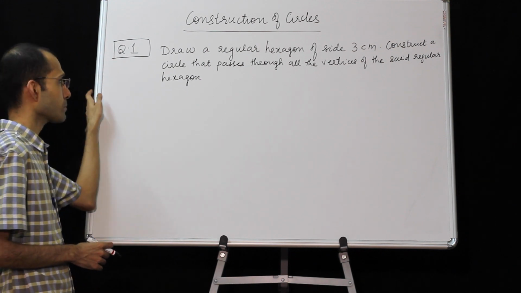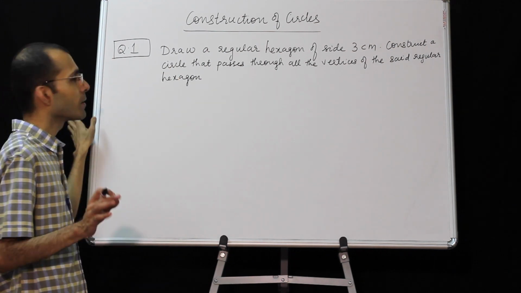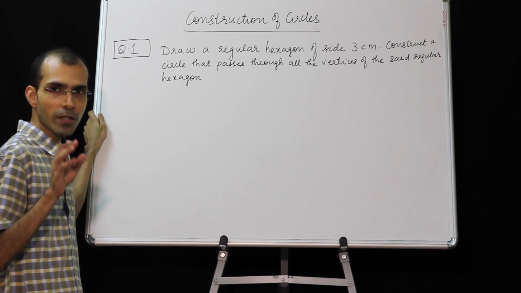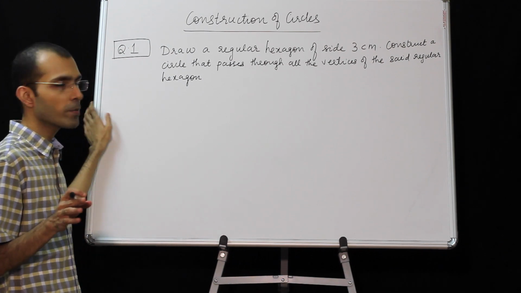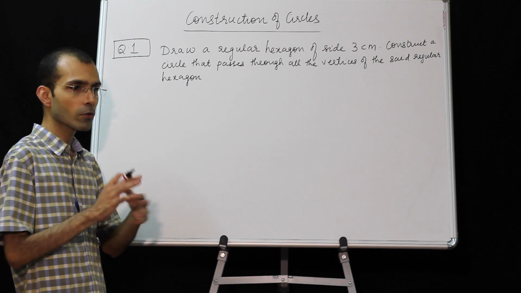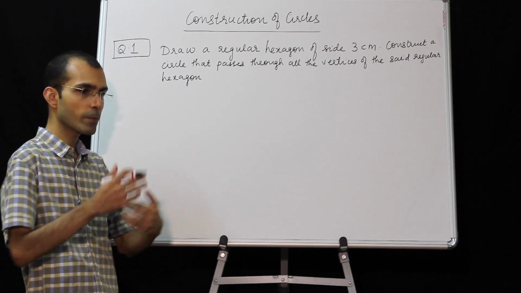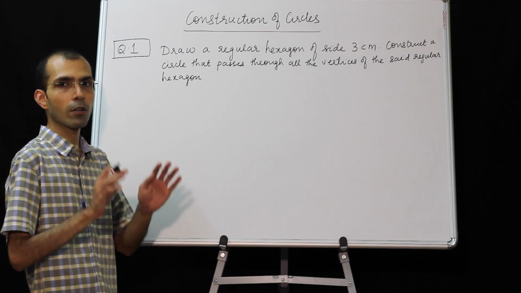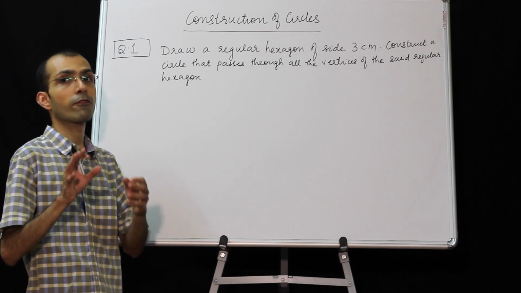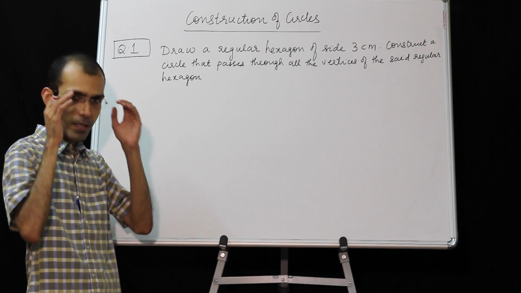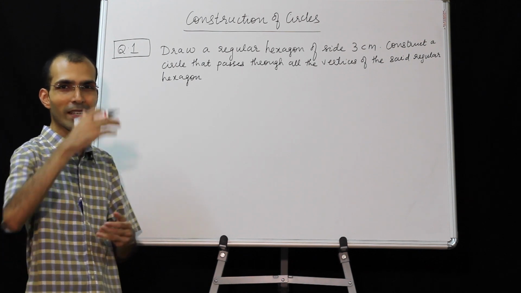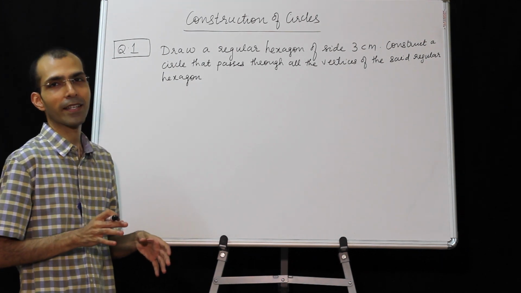Before we start, remember any construction sum is always to be started on a fresh page because we do not know how the finished construction would look and how much space it would occupy. So always start the construction on a fresh page and start from the center of the page so that it is bound to fit in.